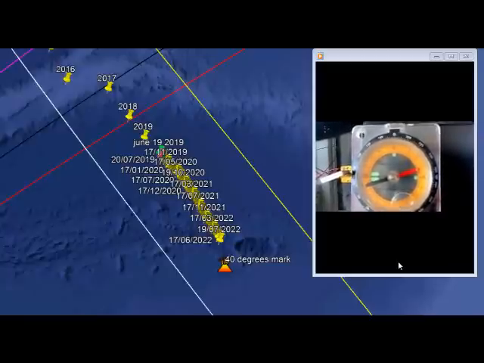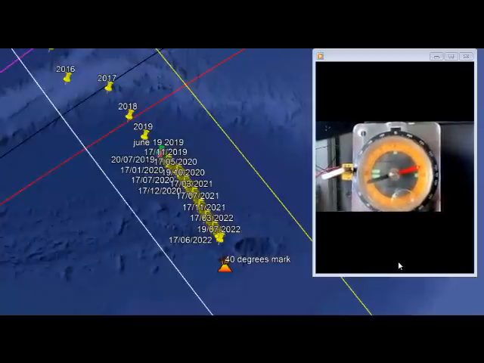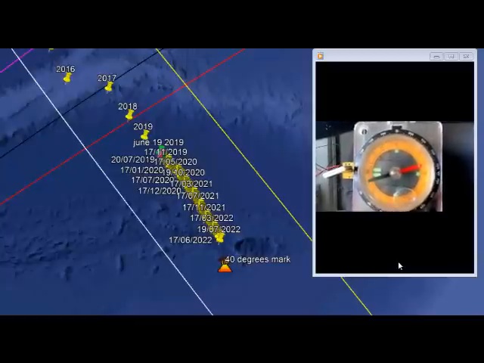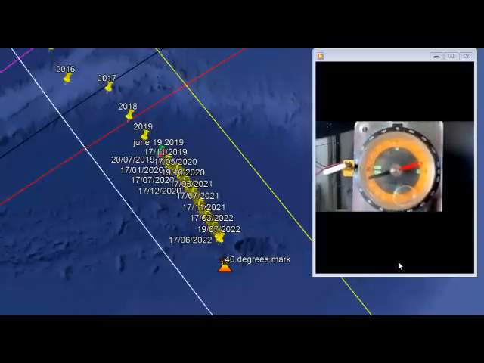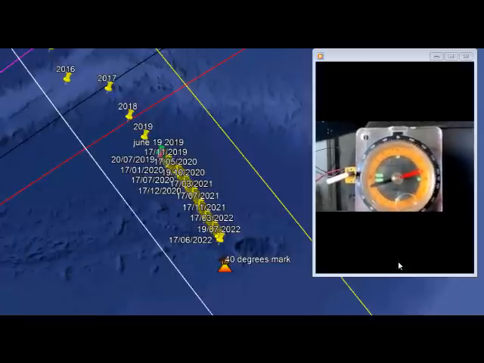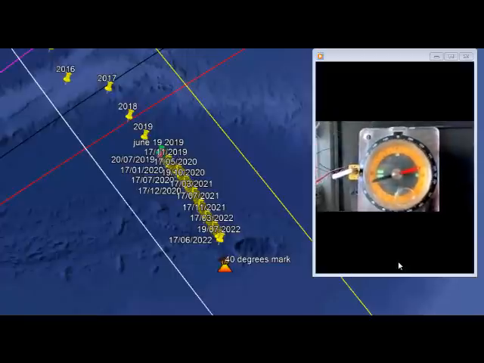But the reason why I put this on the table is because nobody else has showed this anomaly, what happens when you put a magnet close to a compass and you rotate the magnet. Now some people have argued that it's not a true representation of the Earth because it's an external force acting on a compass.